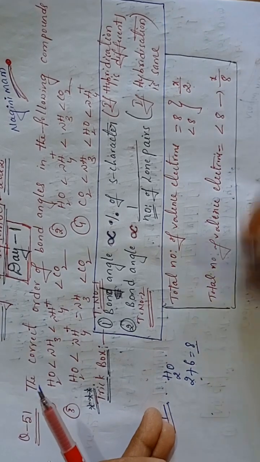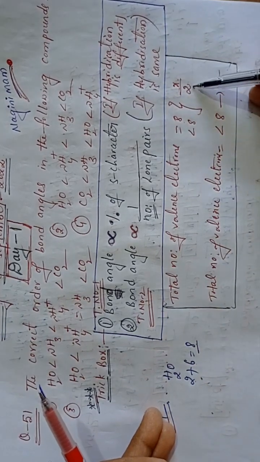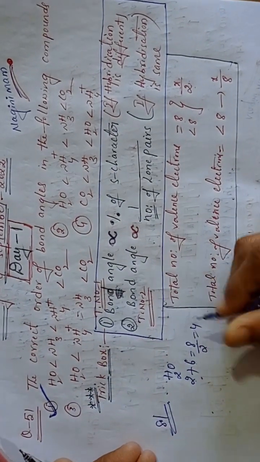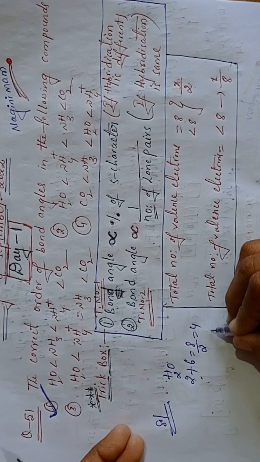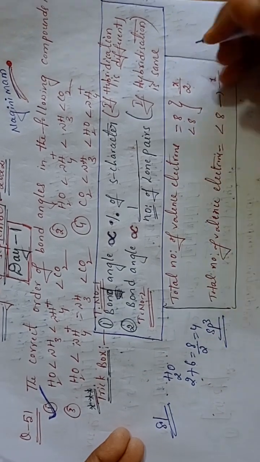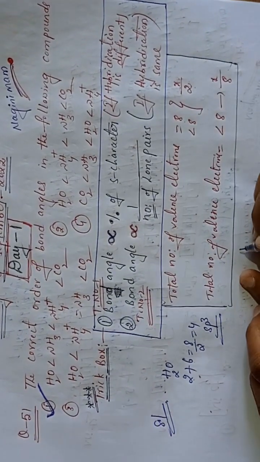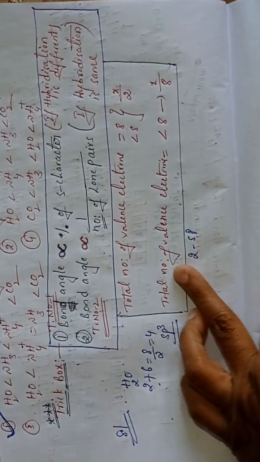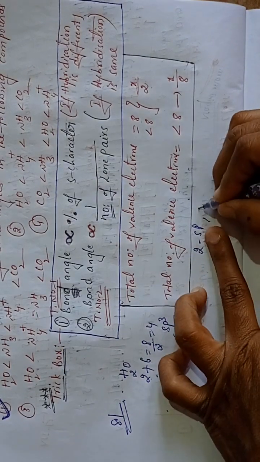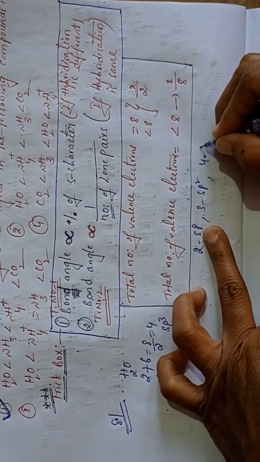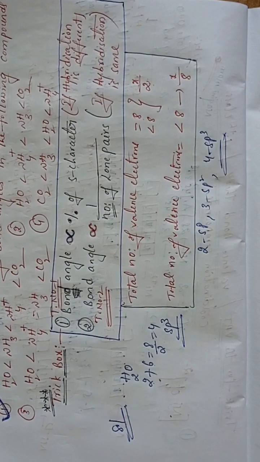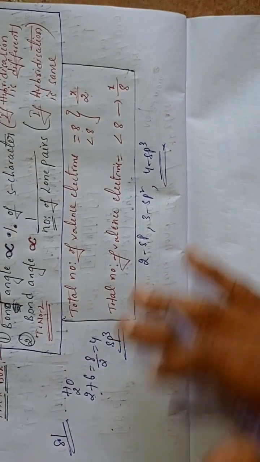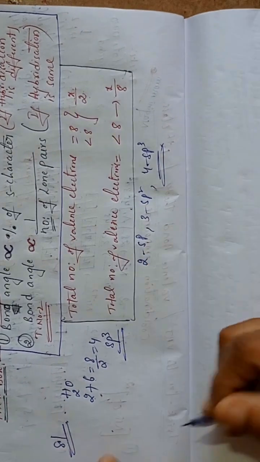Since it is equal to 8, we divide by 2 and get 4. 4 means sp3 hybridization. 2 means sp hybridization, 3 means sp2, 4 means sp3 hybridization. So water is sp3 hybridization.